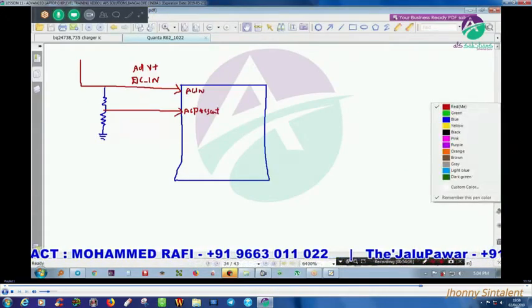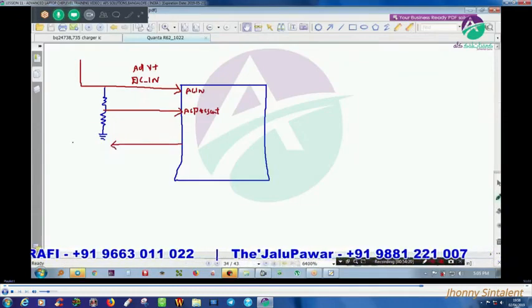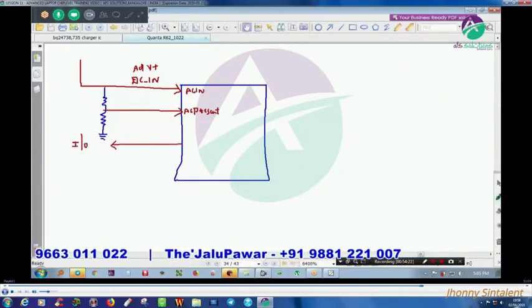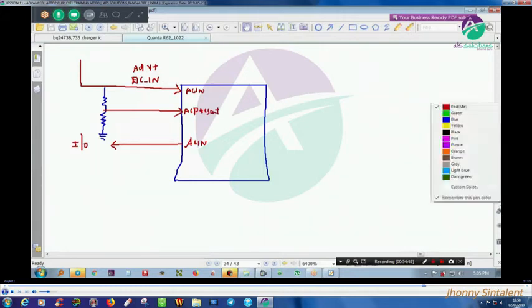Once this confirmation is released, this will give an output telling the IO controller that my AC in is present. Whatever I am writing inside the charger IC is called the data sheet. Whatever I am writing outside the charger IC is called the schematics. Sometimes AC in will be in the data sheet, sometimes in the charger IC.